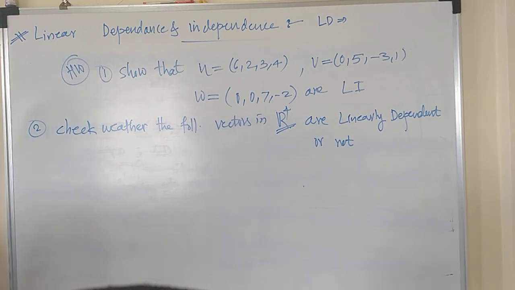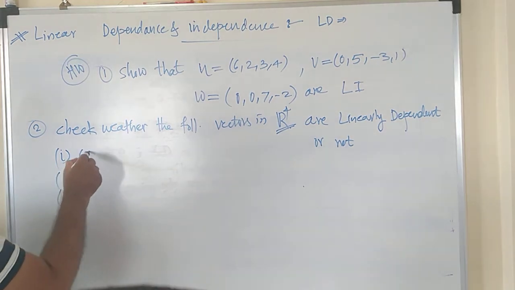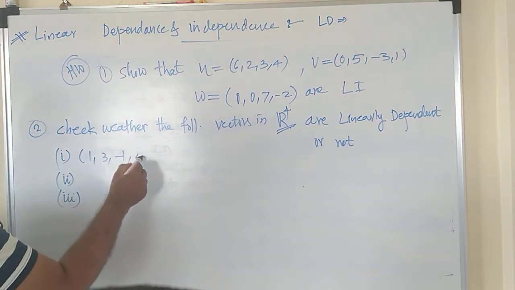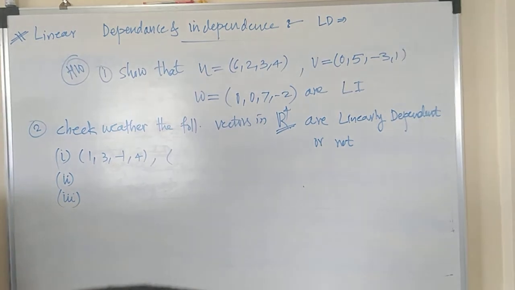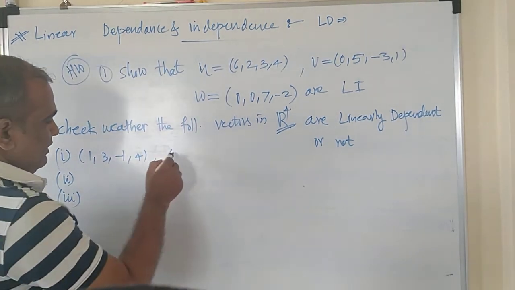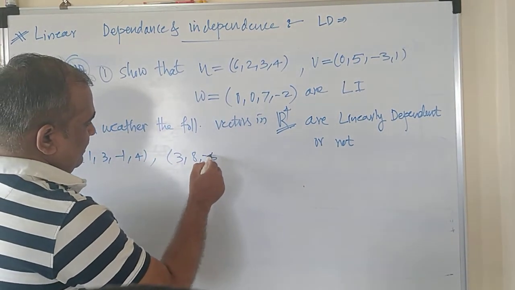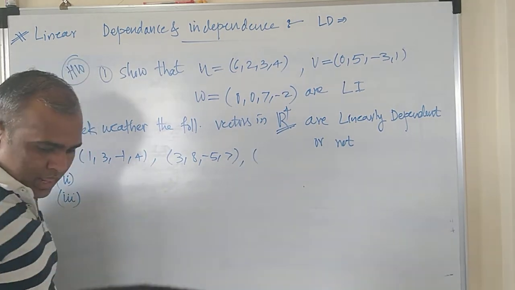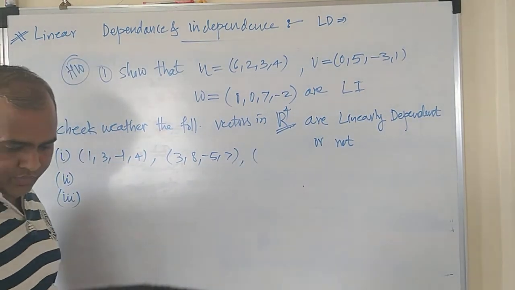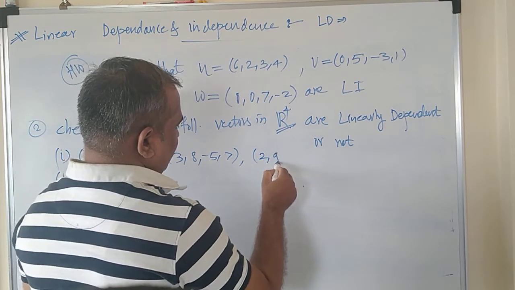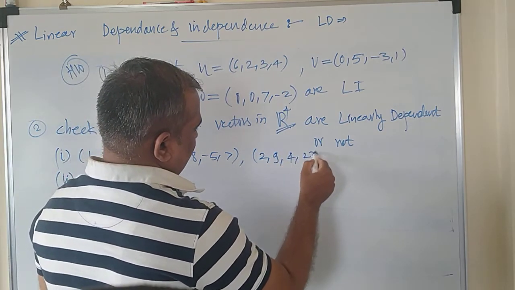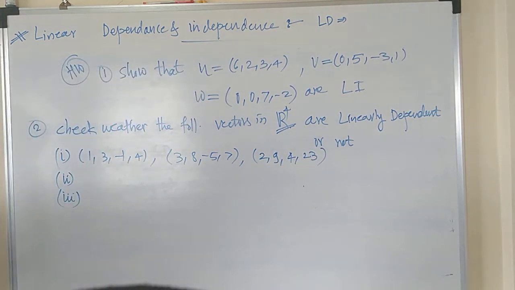There are three more examples, 1, 2 and 3. So the first vector is 1, 3, minus 1 and 4. Second vector is 3, 8, minus 5 and 7. And the next one is 2, 9, 4 and 23.